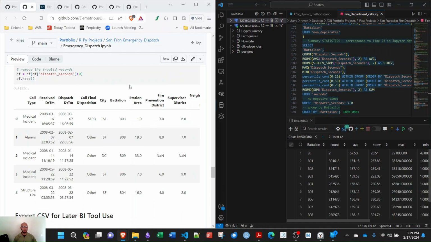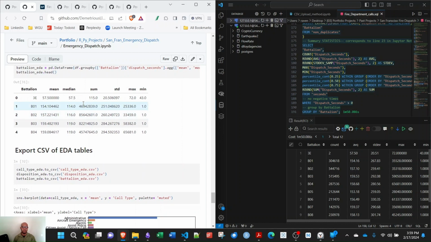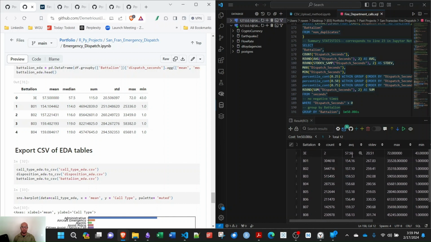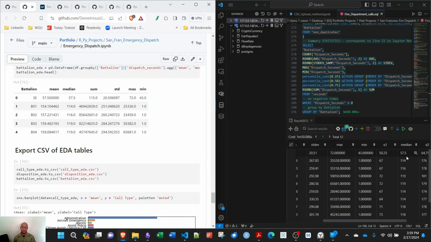Alright, I'll do a side by side. So if you look at the battalions here, at least the head, you can see my mean here, 55.5. Average, 55.5. Median, 57.5. Median here, 57.5. So I was successfully able to replicate this exploratory data analysis in SQL.